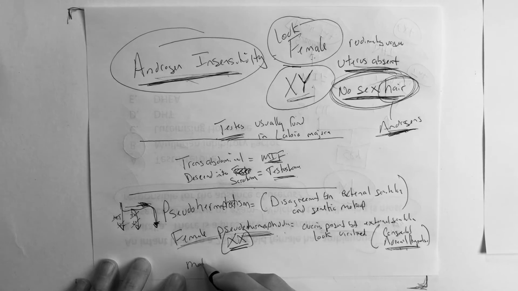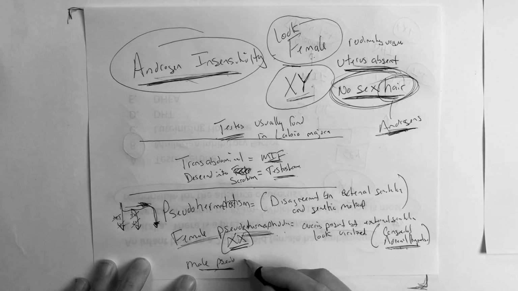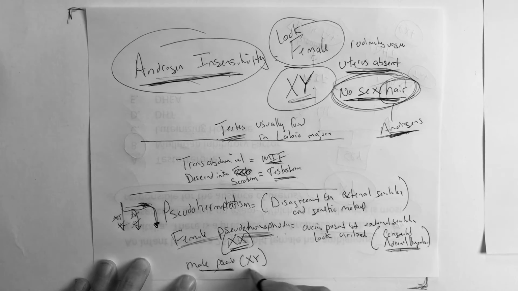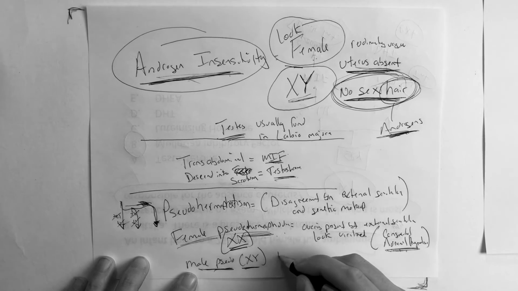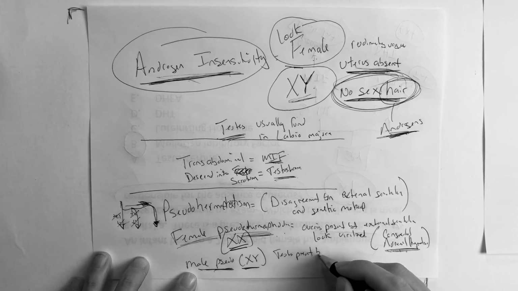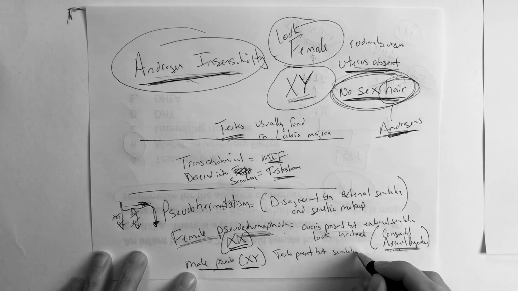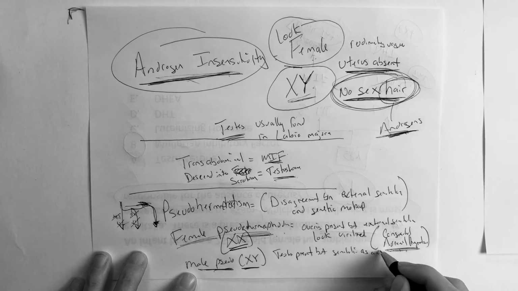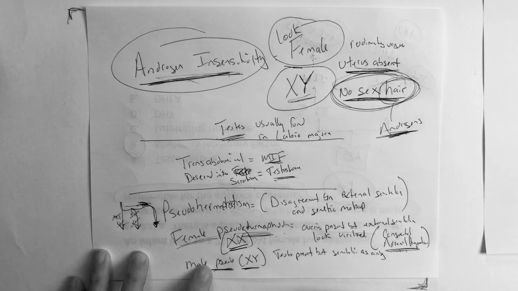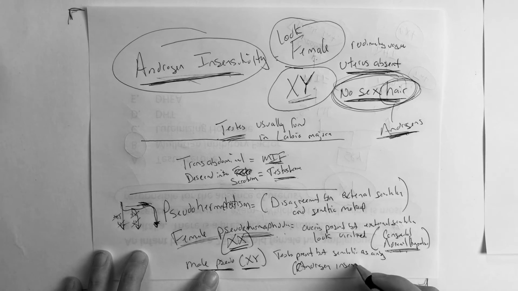Now, with the male pseudohermaphrodite, it's an XY because it's male. Testes are present, okay, but the genitalia is ambiguous, and we just talked about that, right? And we can see that with androgen insensitivity, okay?